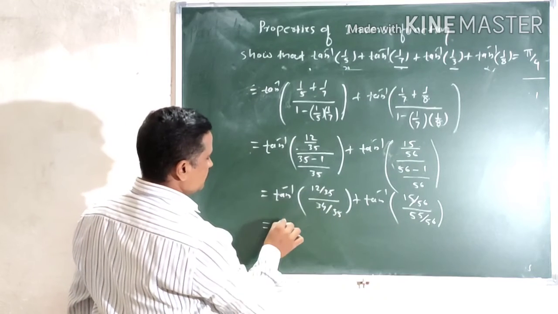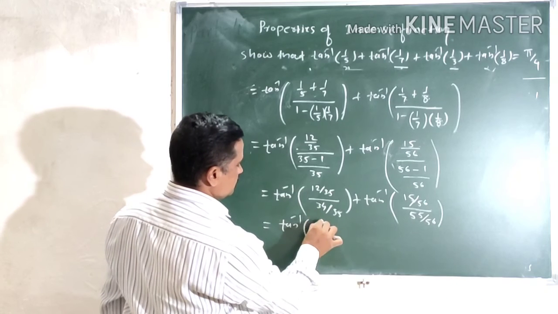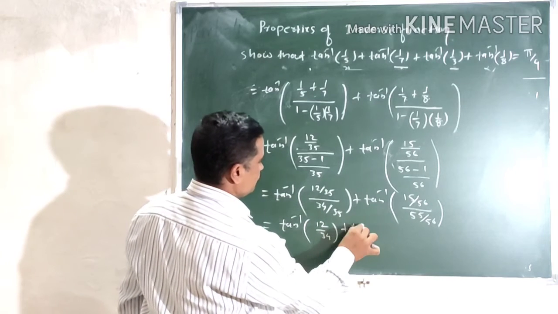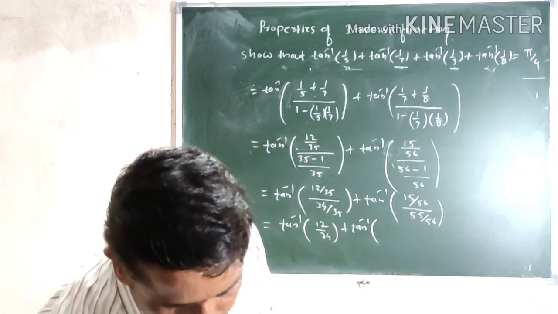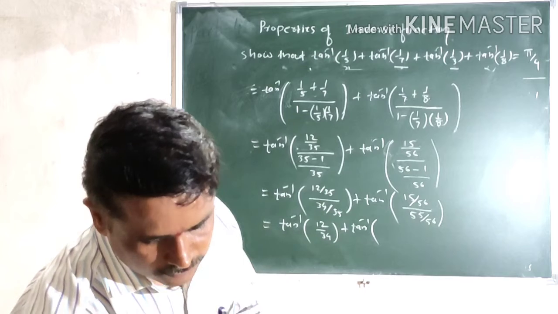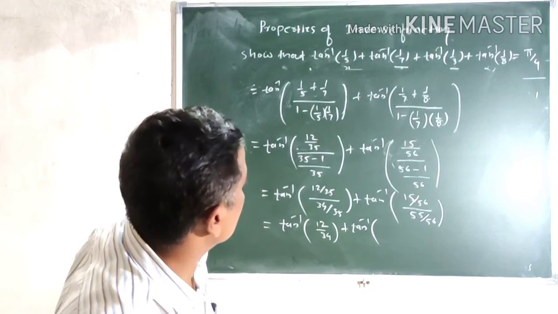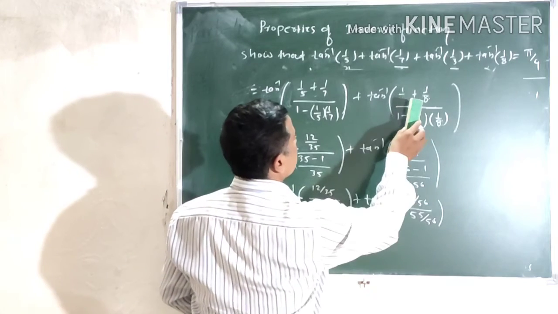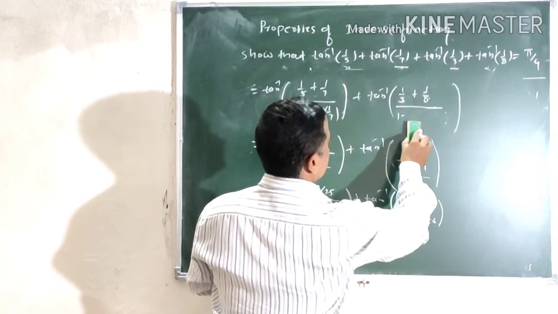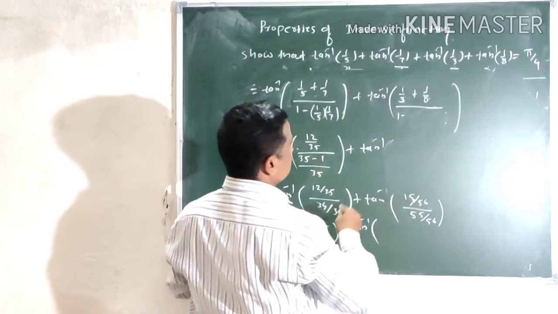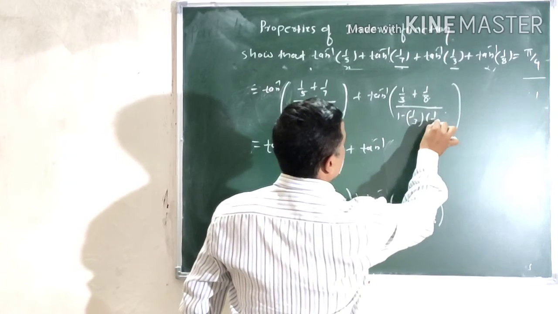So 35 gets cancelled, so it is tan inverse of 12 by 34 plus tan inverse of 1 by 3 plus 1 by 8 by 1 minus 1 by 3 into 1 by 8.